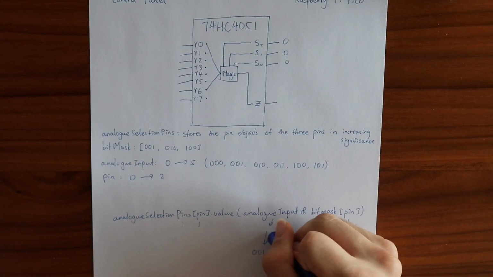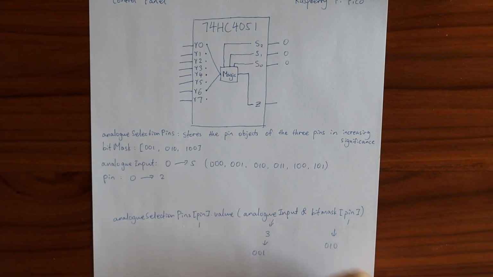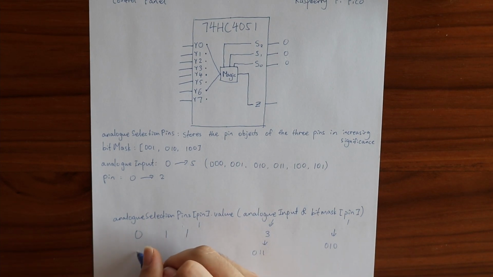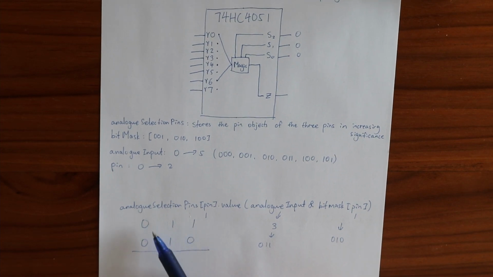However, if like originally this wasn't a 1 and it was a 3, the binary would be 0, 1, 1. And doing the same thing again, 0, 1, 1 ANDed with 0, 1, 0. Again, the zeros make these digits completely useless immediately.